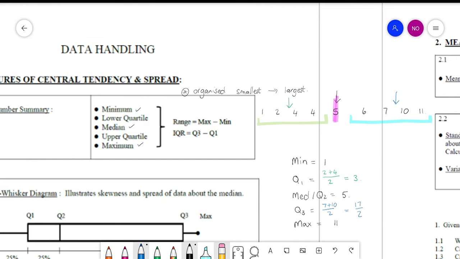Okay, then very important when we're working with the range, we say it's just the maximum value minus the minimum value. So in this case, the range would have been 11 minus 1. And the interquartile range will be Q3 minus Q1. So in this case, it'll be 17 over 2 minus 3, which is 11 over 2 or 5.5. It doesn't matter.